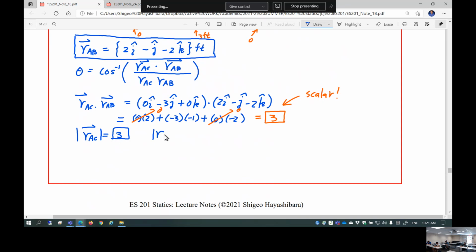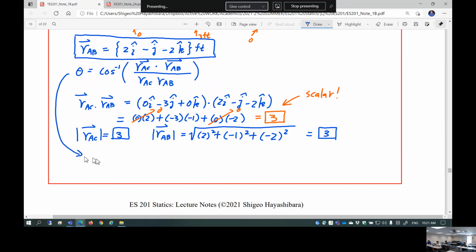About the magnitude of position vector AB, you have to do the math: take the square root of each component squared. This is 2 squared plus minus 1 squared plus minus 2 squared. So this is going to be 3 again.